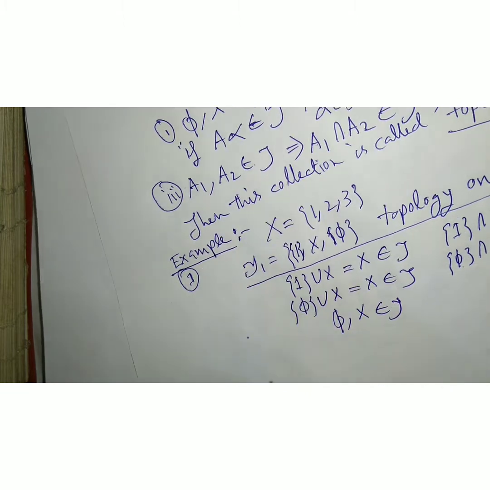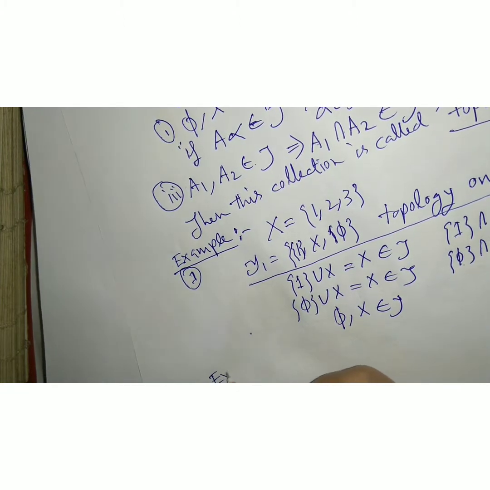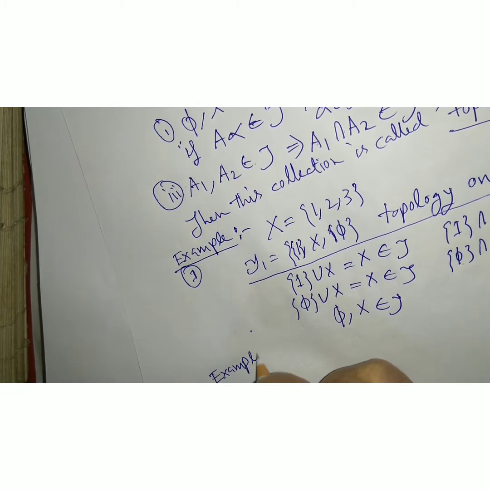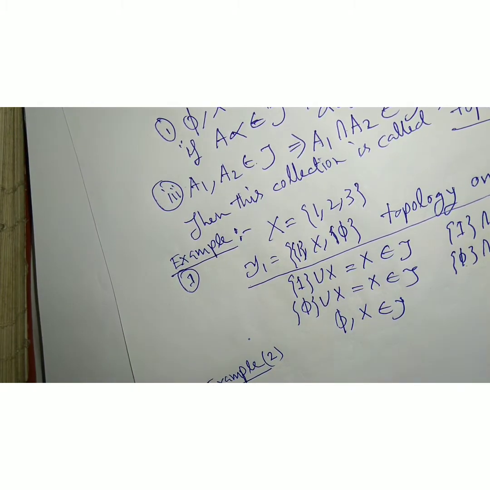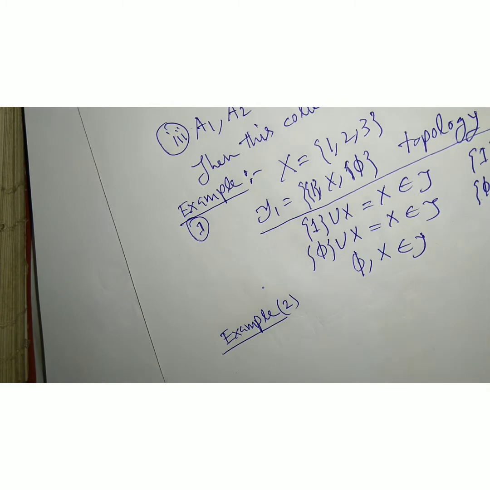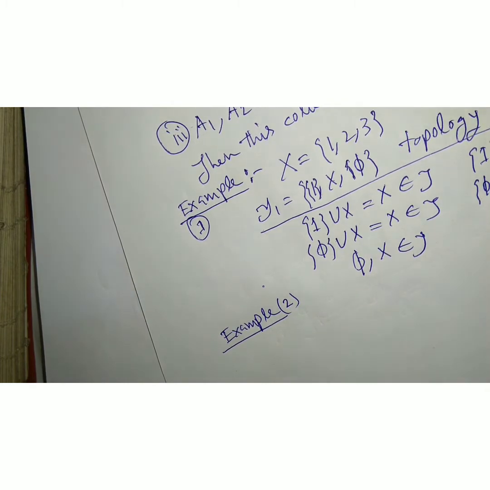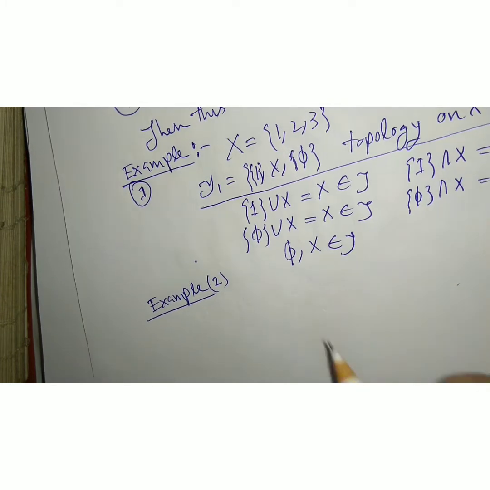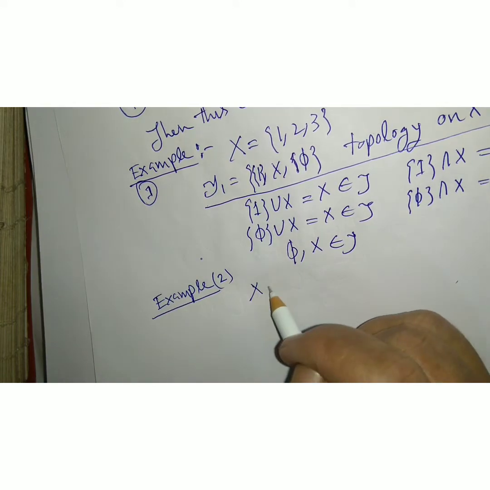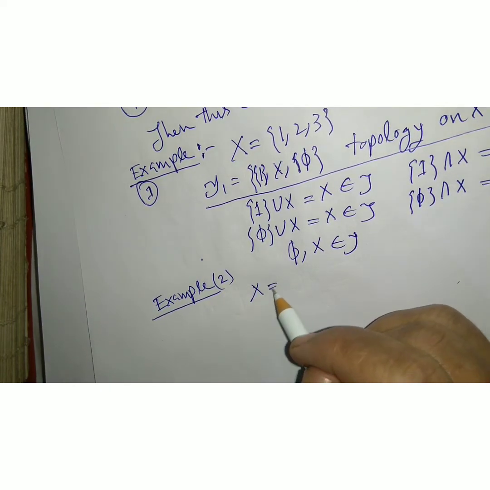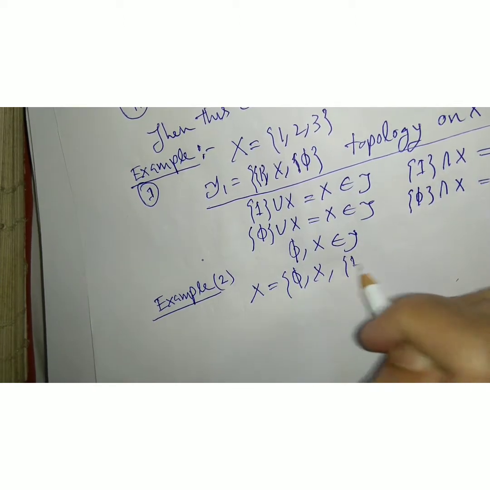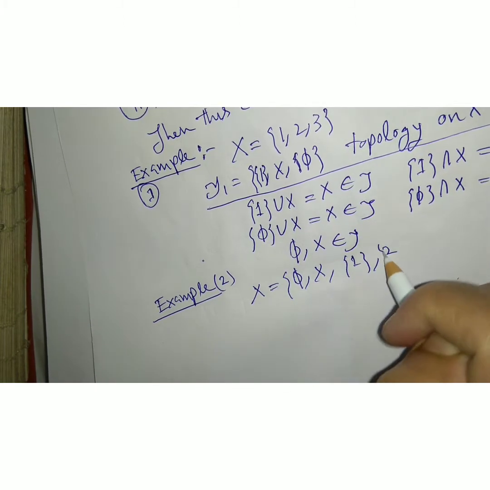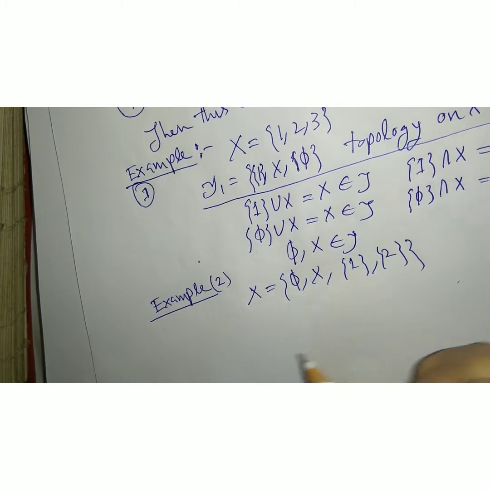This is example 1. Example 2: I write tau equal to {phi, X, {1}, {2}}. Is this a topology?